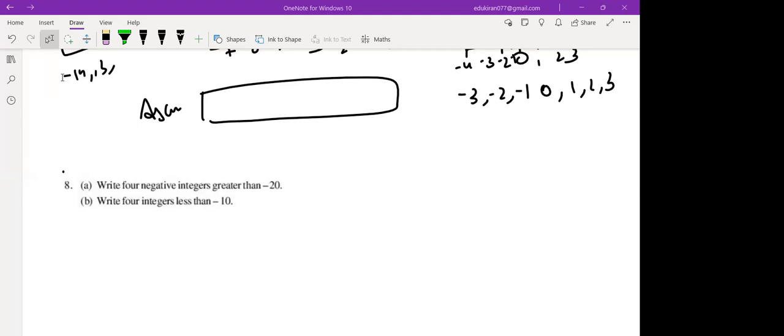Done, ma'am. Ma'am, for the B1, it is saying write 4 integers less than minus 10. So, do the integers need to be negative or positive? Negative only.